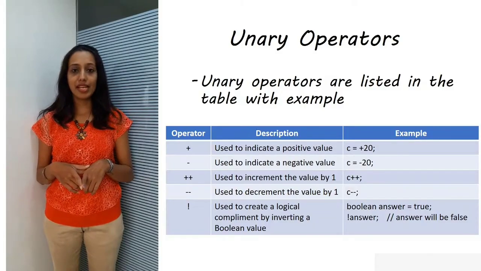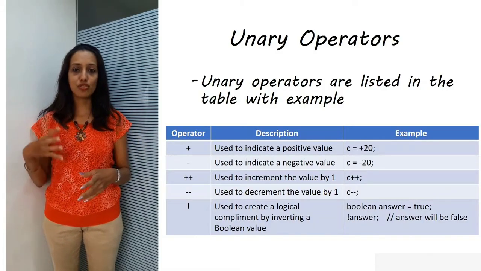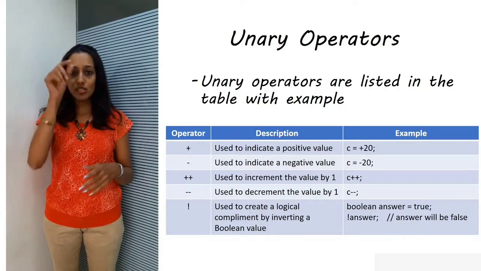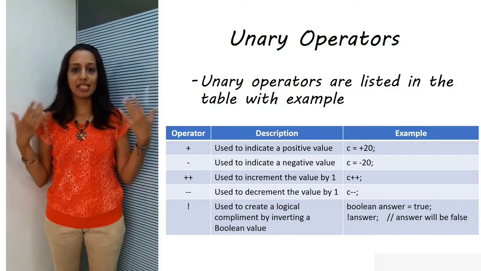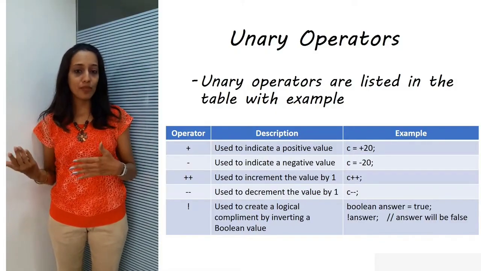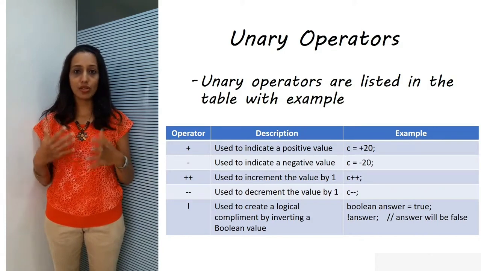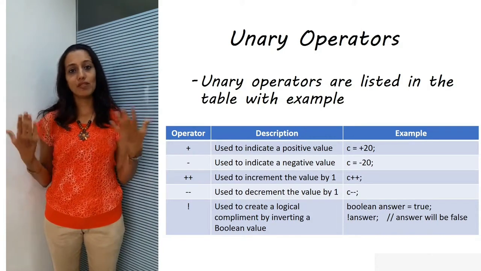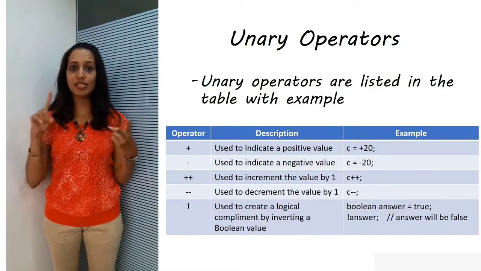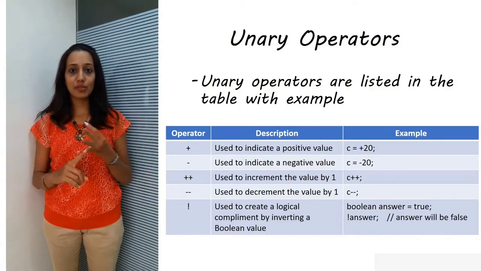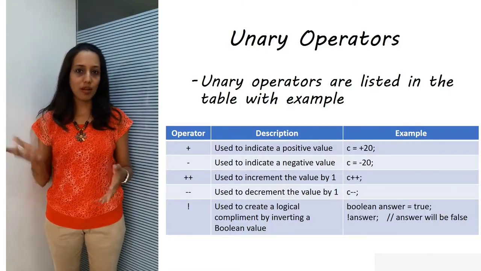So let's say there is a variable called answer that is set to true, and then if I write not answer, that means it's not true, means it is false. So it's used to invert or make the value a complement of the existing value. So remember: unary plus, unary minus, increment, decrement, and the complement exclamation mark.